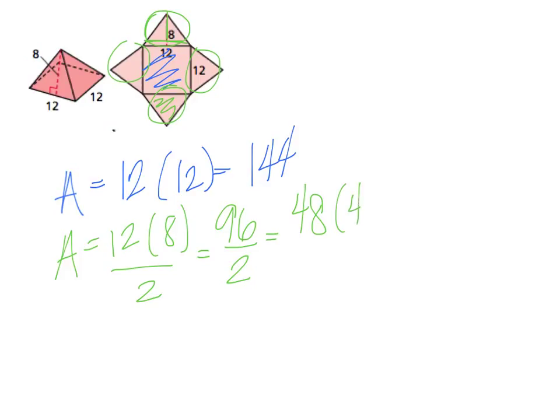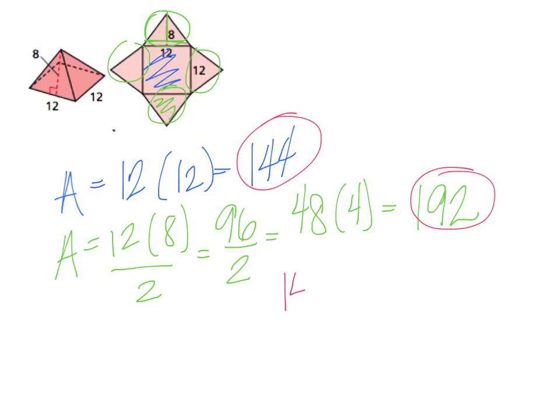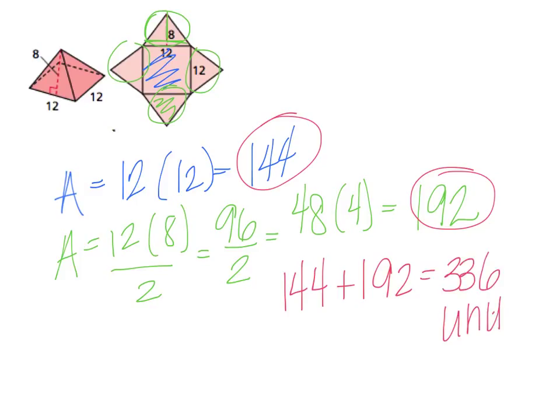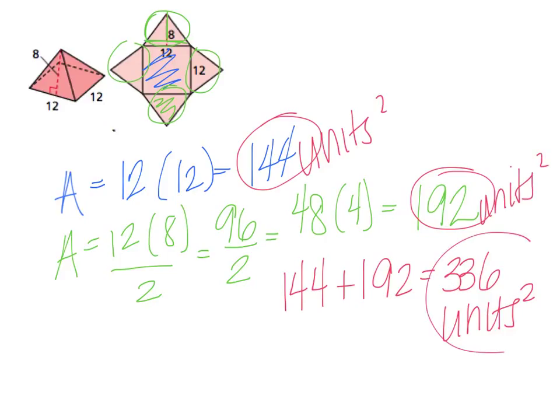So I need to multiply 48 by 4, and I will get 192. Now I'm going to take these two and add them together. So 144 plus 192 is going to give me 336 units squared. And we could have included units squared after both of those. So this is my final answer.